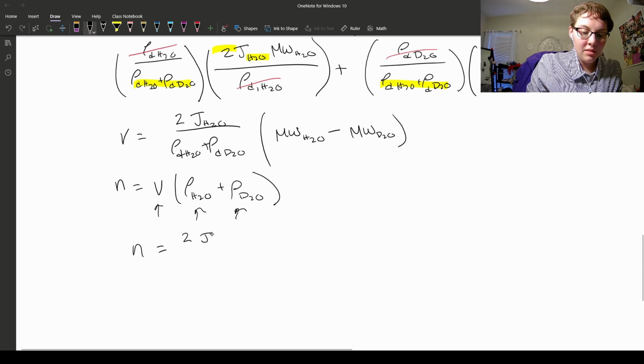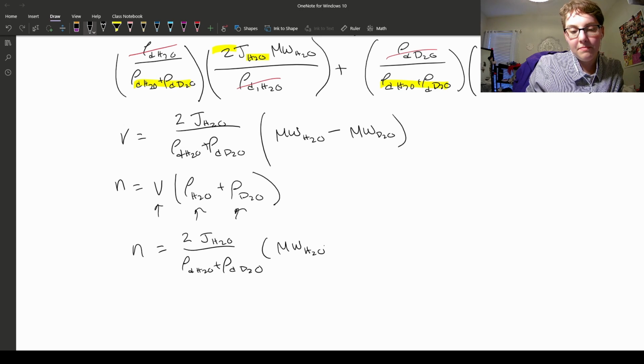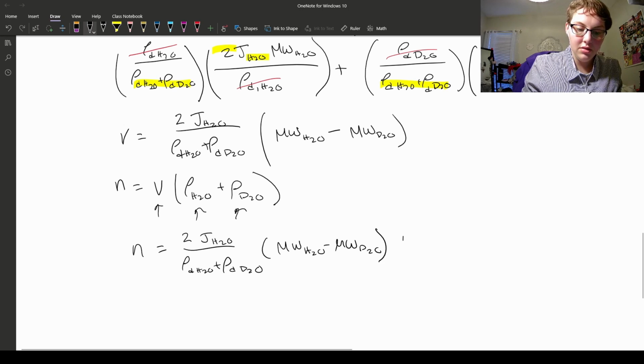We have that 2 times the molar diffusive flux of H2O times the sum of their densities times the difference between the molecular weights, also times 1/2 of the sum of the two densities.